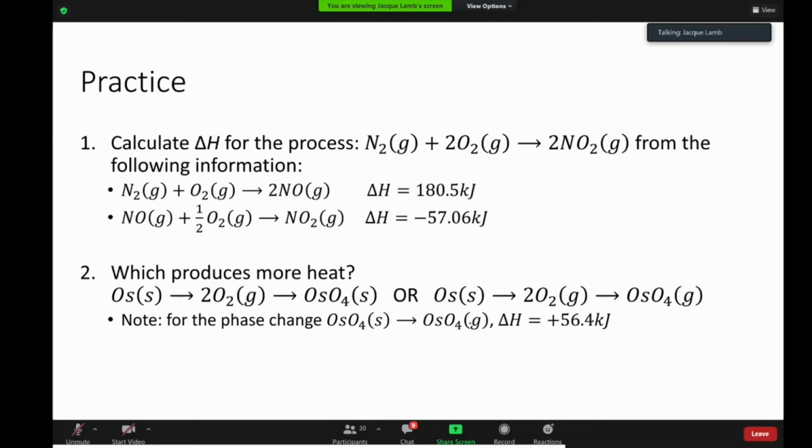It takes energy to vaporize something. So you're having to put more energy in to form that gaseous product. That means that forming the solid product is going to have a greater negative value. It's going to produce more heat than producing the gas, because when you have to produce the gas, you have to absorb energy to do that.